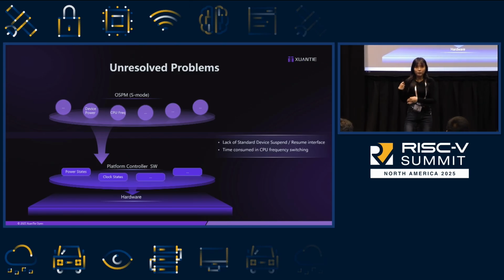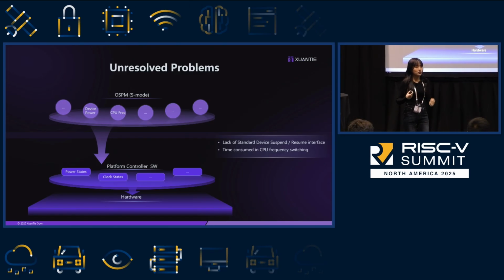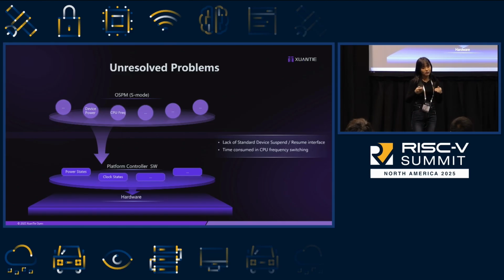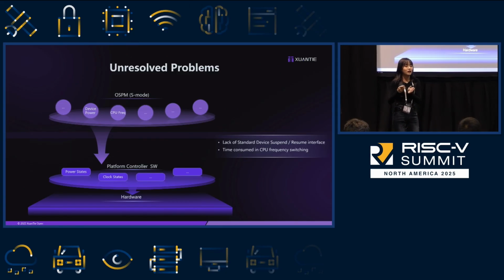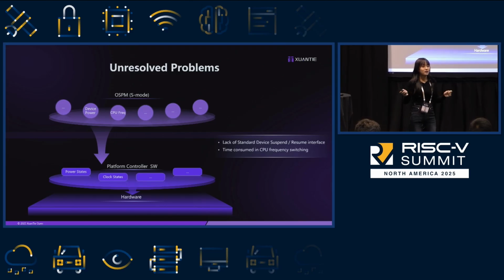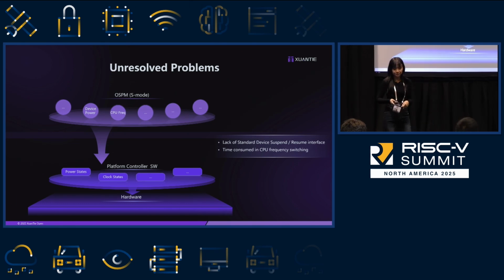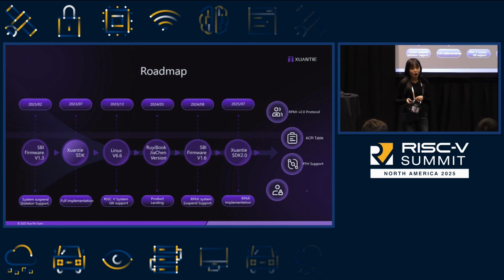But in our implementation, it still needs to get into the system controller to change the frequency, which is time costing as well. We are considering doing the same thing as the PCU, making the hardware do that. But if you got any other great questions, I'm happy to discuss. So here is our roadmap.